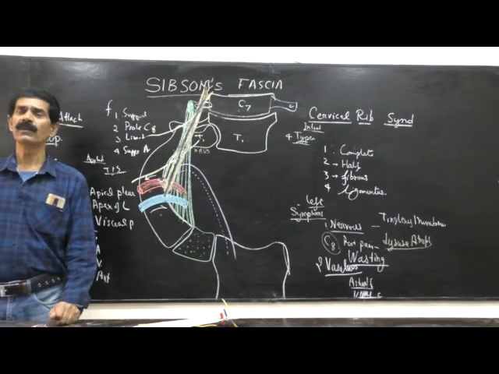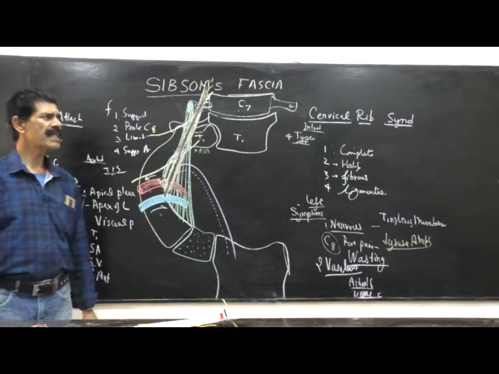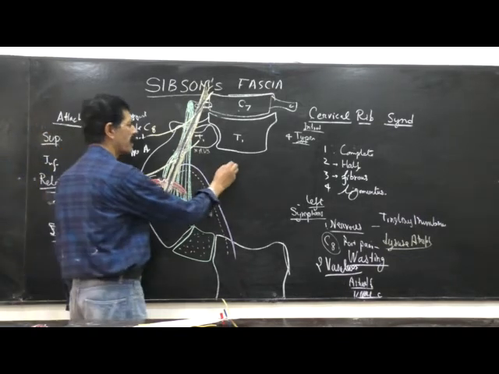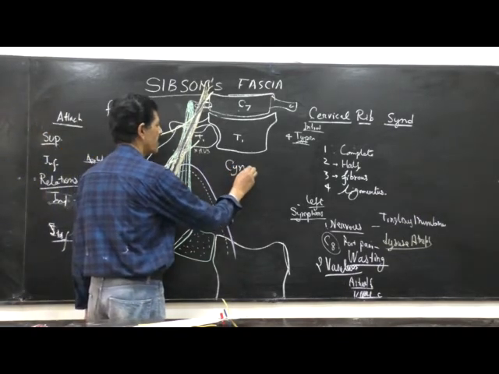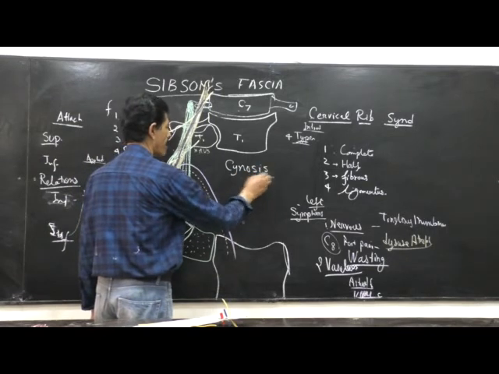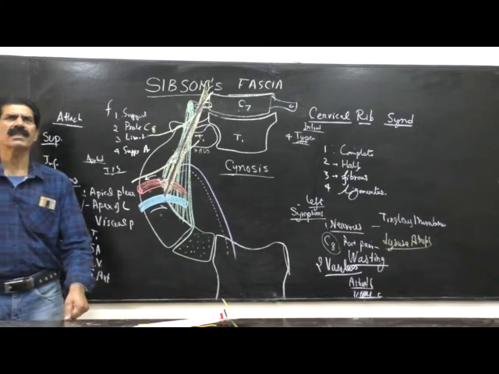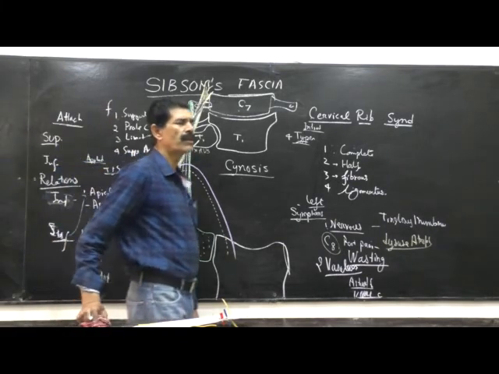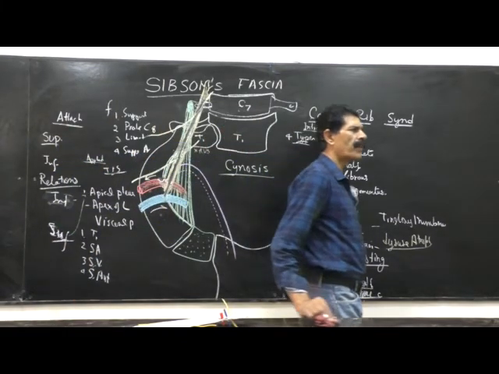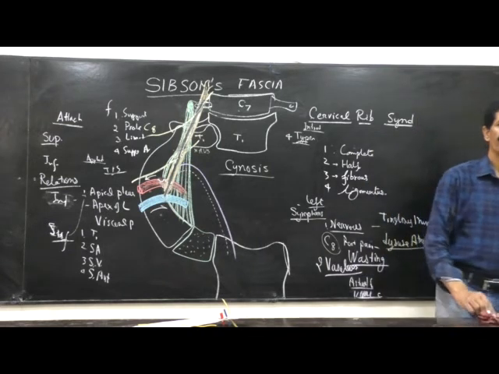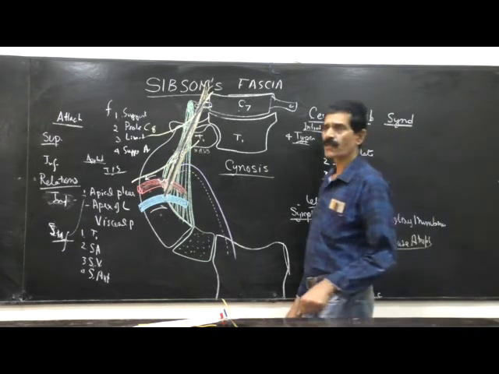The finger becomes blue, and this sign is called cyanosis. Cyanosis means bluish discoloration of the skin due to venous blood stasis anywhere. That sign is called cyanosis.